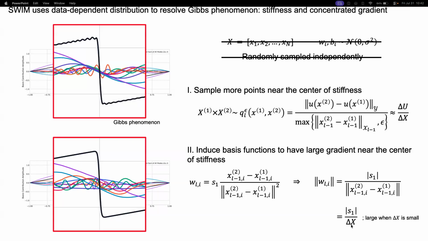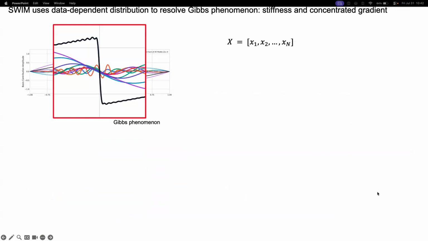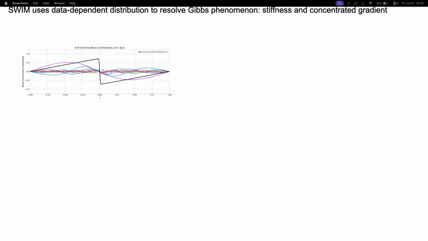Is it related to dependence, or related to not having enough number of something? Both, because as you can see, if we sample the weight and bias independently, like uniformly, at the endpoint it is very complex, right?